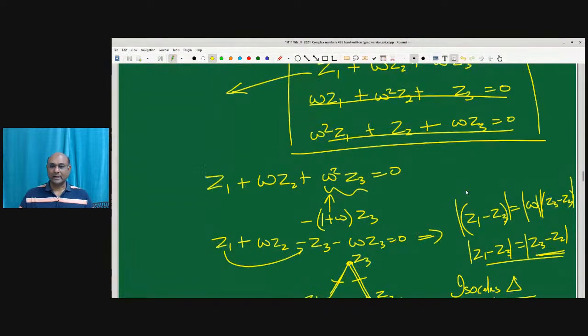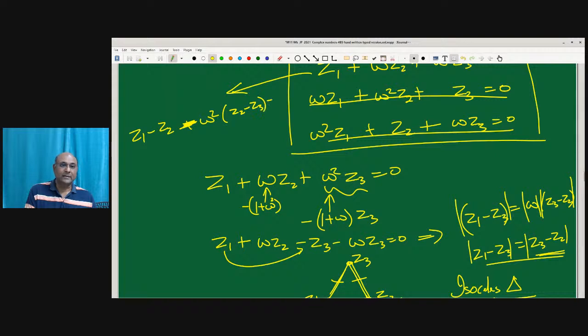Wait. Let's check. I might be able to do that also. Hold on. It might be an equilateral triangle because this can be written as 1 plus omega square with a minus sign. So again, if I do this, I'll get Z1 minus Z2 plus omega square, or minus omega square, Z2 minus Z3 is 0. Yeah, it is an equilateral triangle.